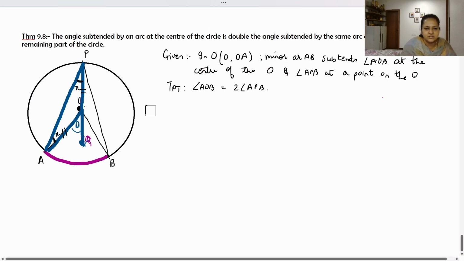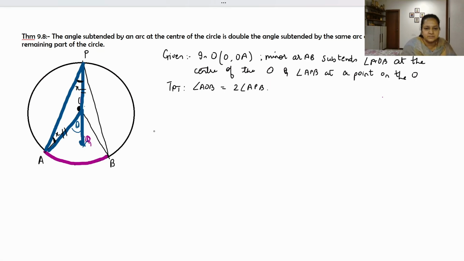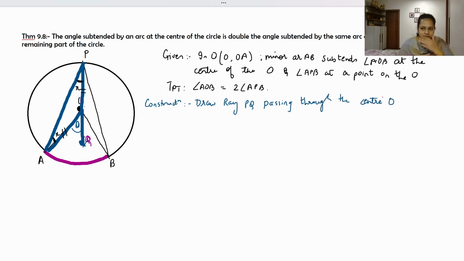We'll write the construction. What is the construction that we made? We wrote construction: draw ray PQ passing through the center O of the circle.